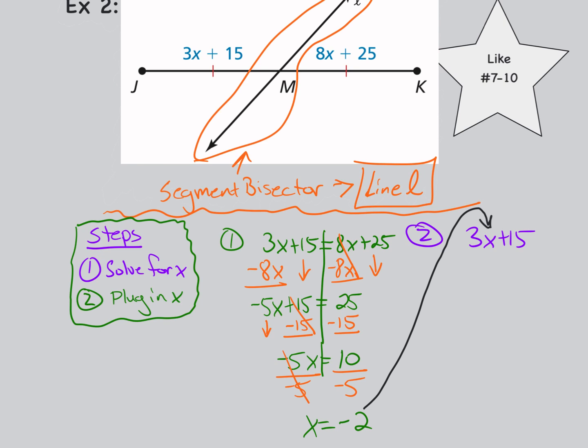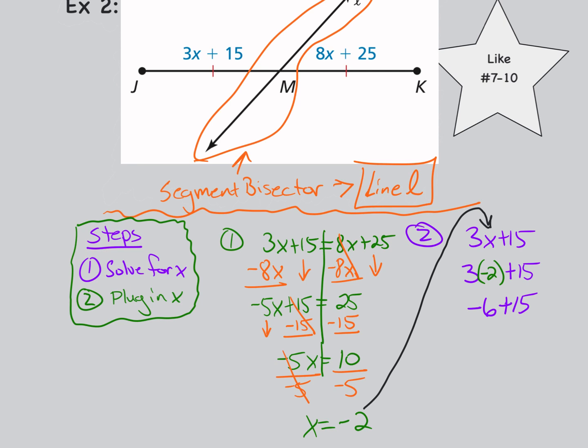So that 3 and the x, what are they doing? Are they multiplying, dividing, subtracting, or adding? Multiplying. So I'm going to say 3 times negative 2. Remember, a parentheses next to a number just means multiplying. Plus 15. We've got to do our order of operations, and you always multiply first. 3 times negative 2 is negative 6, plus the 15.